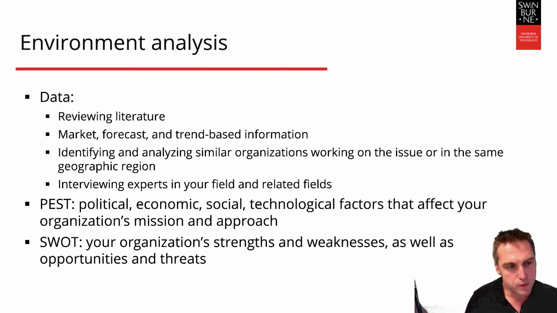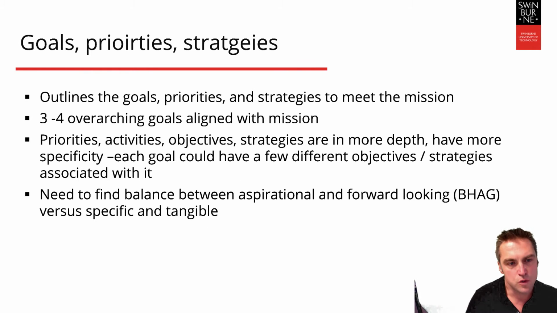But there are two things that we would expect to see in this notion of environmental analysis, and that is a PESTLE, so analysis of the political, economic, social, technological factors, and also a SWOT, your organization's strengths and weaknesses, as well as opportunities and threats. The goals, priorities, and strategies: we'd expect to see an outline of the goals, priorities, and strategies to meet the mission.